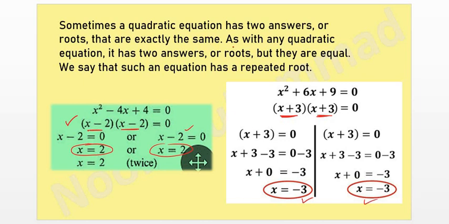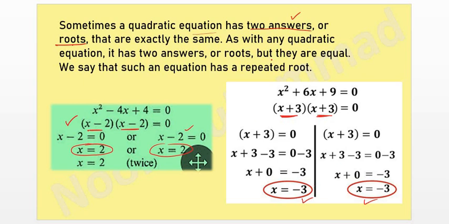Okay, what can we say? Sometimes a quadratic equation has two answers or roots. Roots is also a word that is used for the answers. So you can say here there are two possible roots for x. There are two possible answers for x.